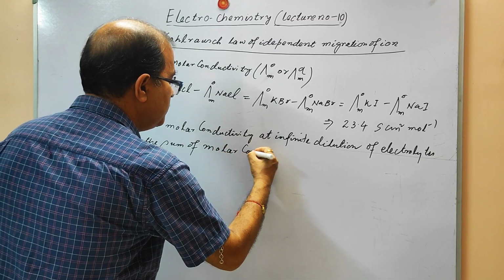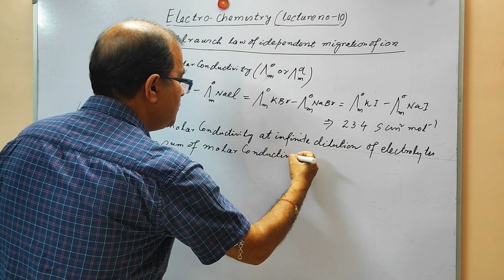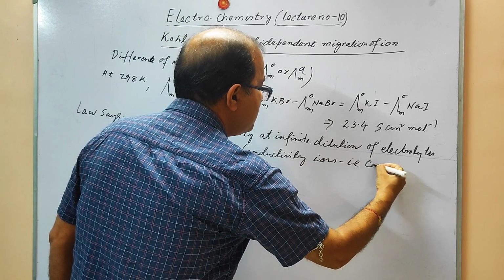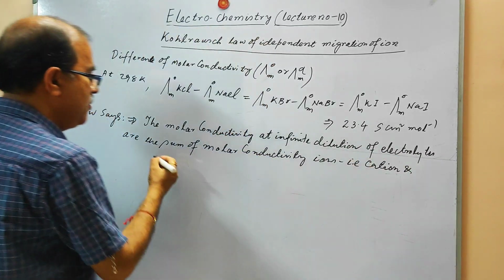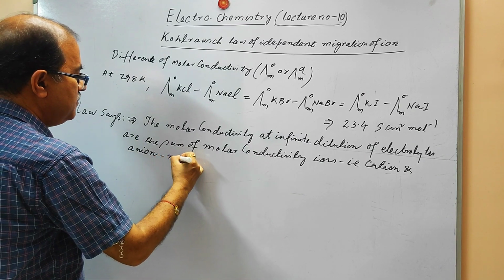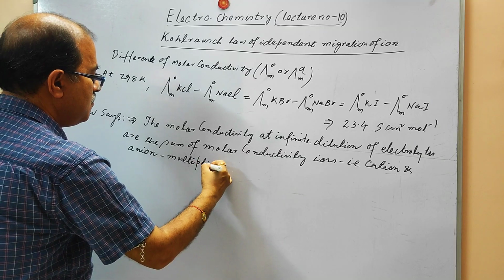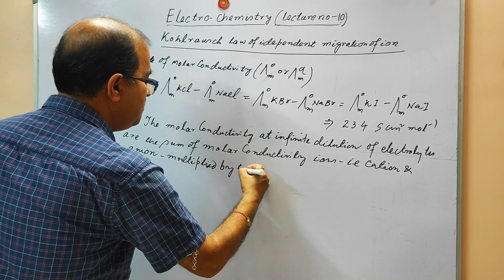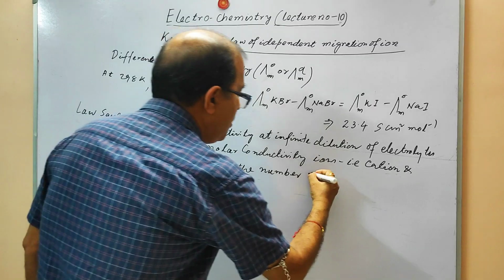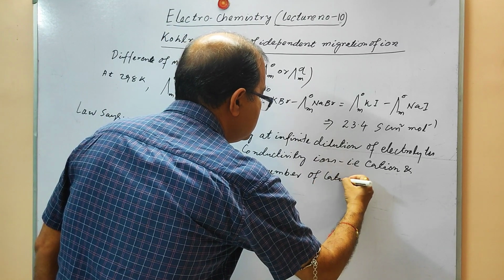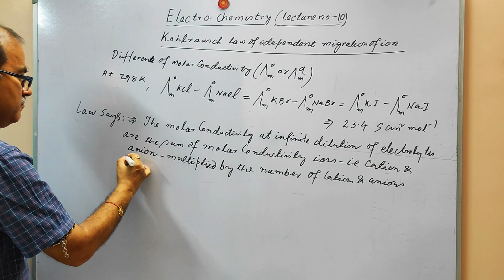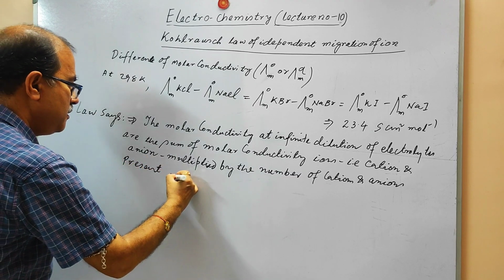There are basically two types of ions, cation and anion, multiplied by the number of cations and anions present in a formula unit.